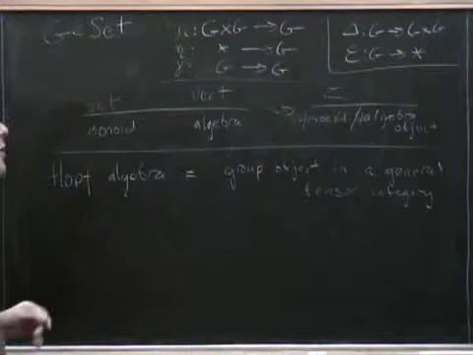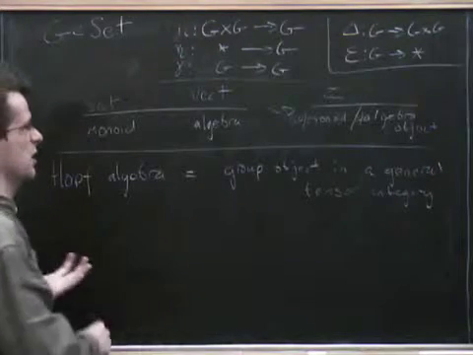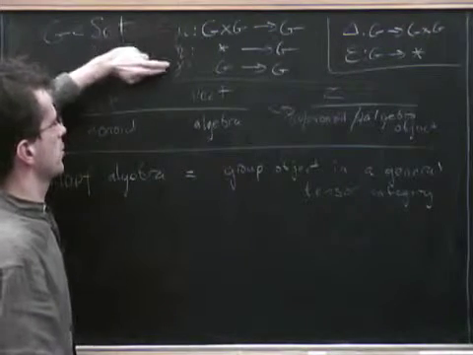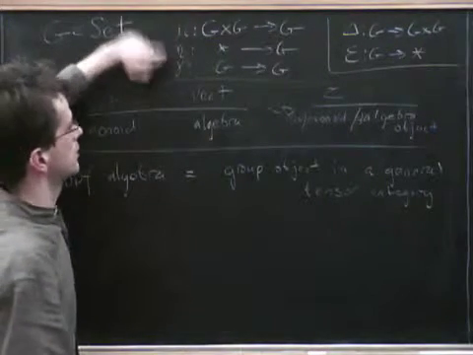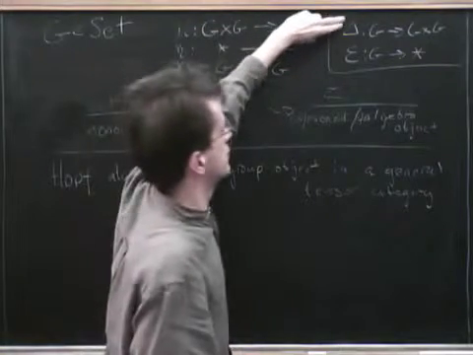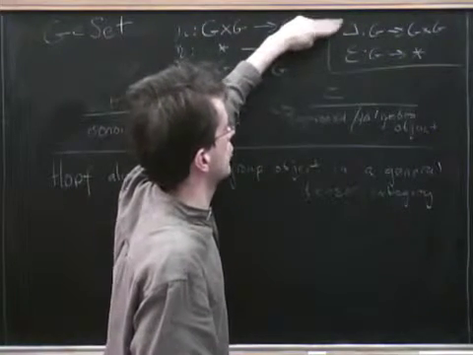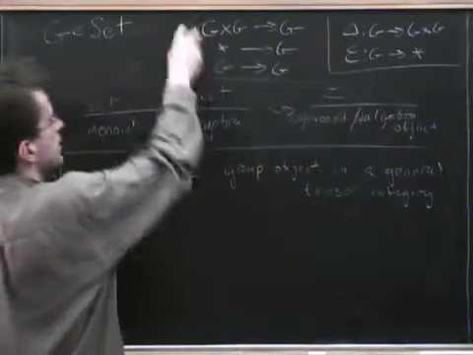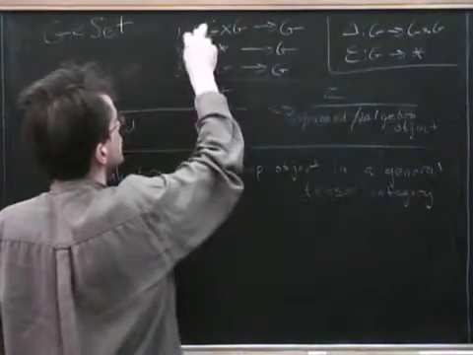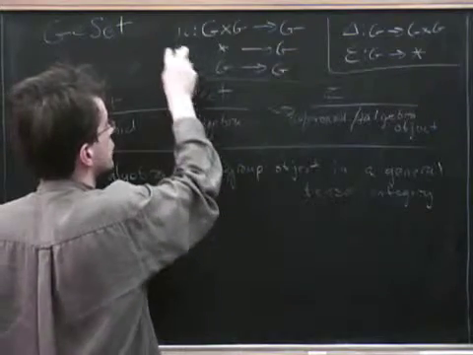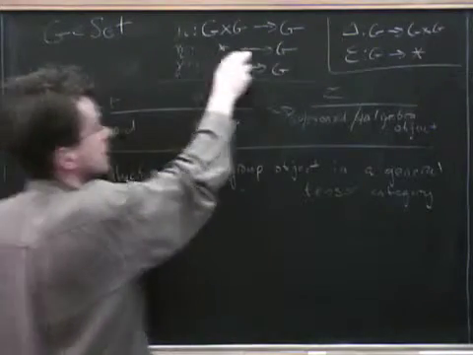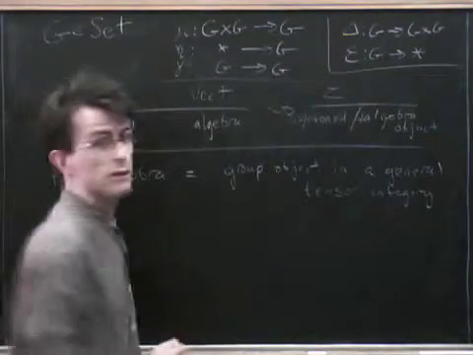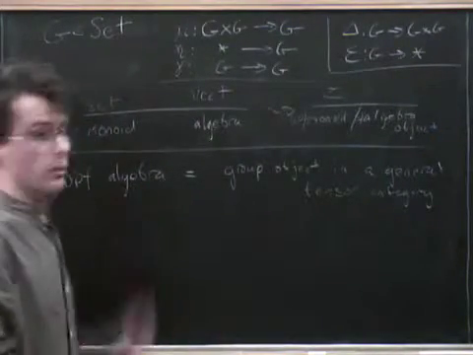So what is it going to be? Well, it's going to be a monoid. A group is a monoid or an algebra object, whichever terminology you want to use. It's also going to be a comonoid or coalgebra. Now the multiplication and the unit of the multiplication are going to be comonoid maps or coalgebra maps, and it's going to have an inverse. So that's basically what a Hopf algebra is.